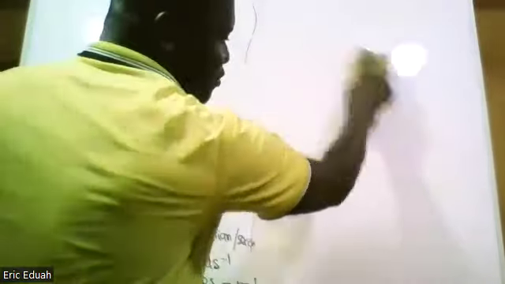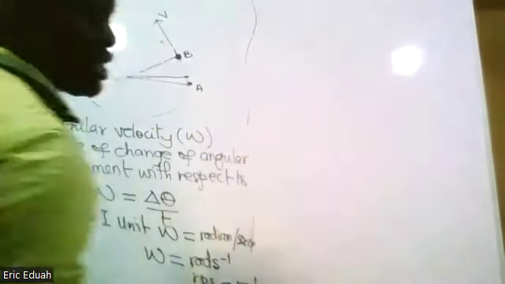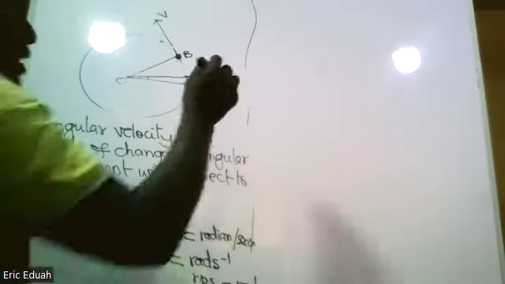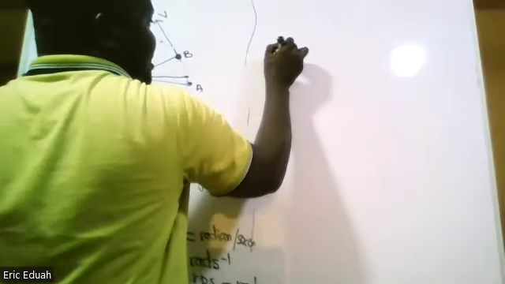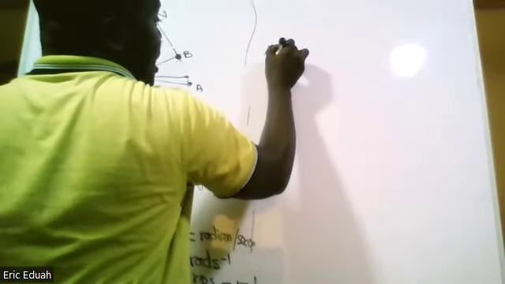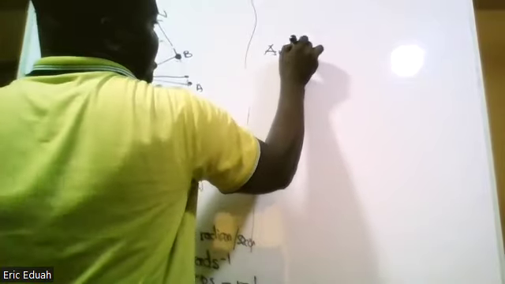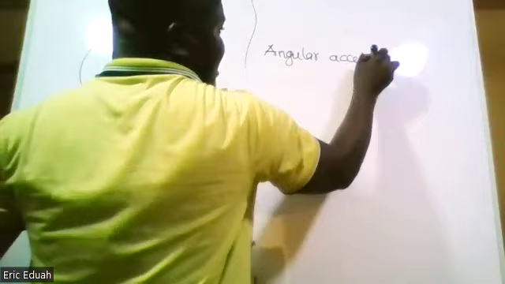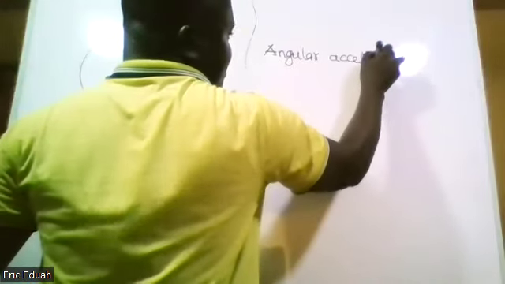But in the same vein, a changing angular speed at the center also amounts to angular acceleration. So the next thing to look at is angular acceleration and linear acceleration.